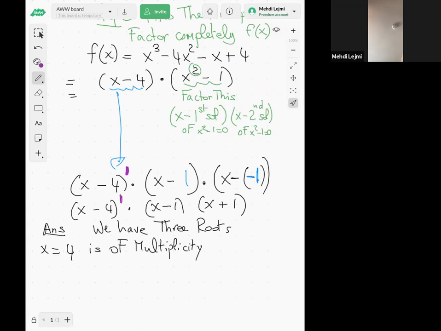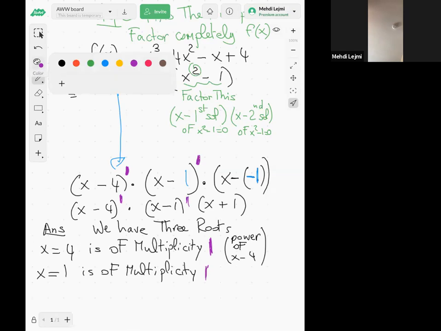So multiplicity 1, because that's the power of x minus 4. Next root, it's x positive 1, and that's of multiplicity. What's the power of x minus 1? Well, the power of x minus 1 is 1, of course. So it's also multiplicity 1. That's the power of x minus 1. And finally, the last root is negative 1.